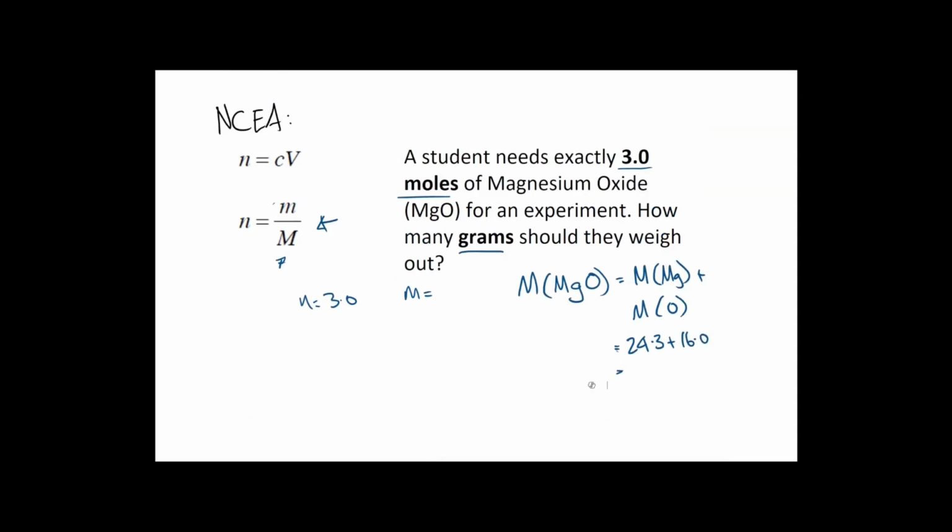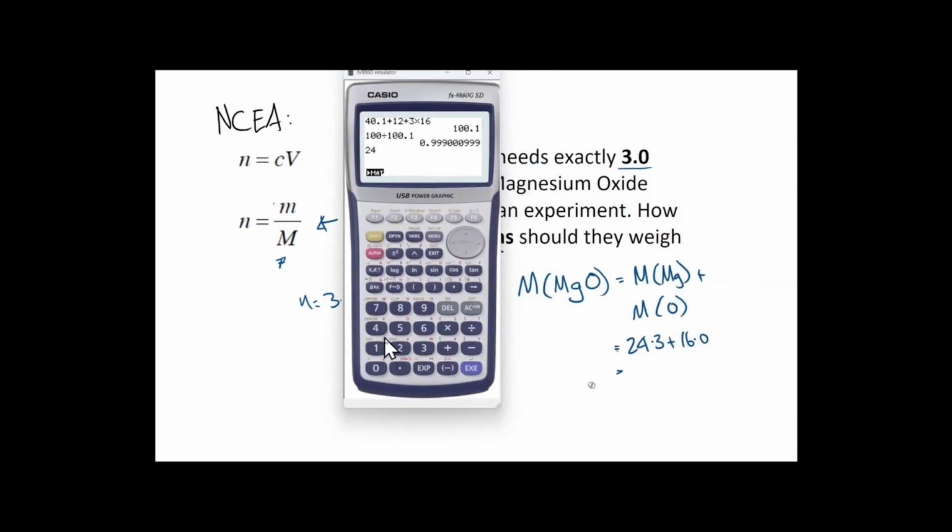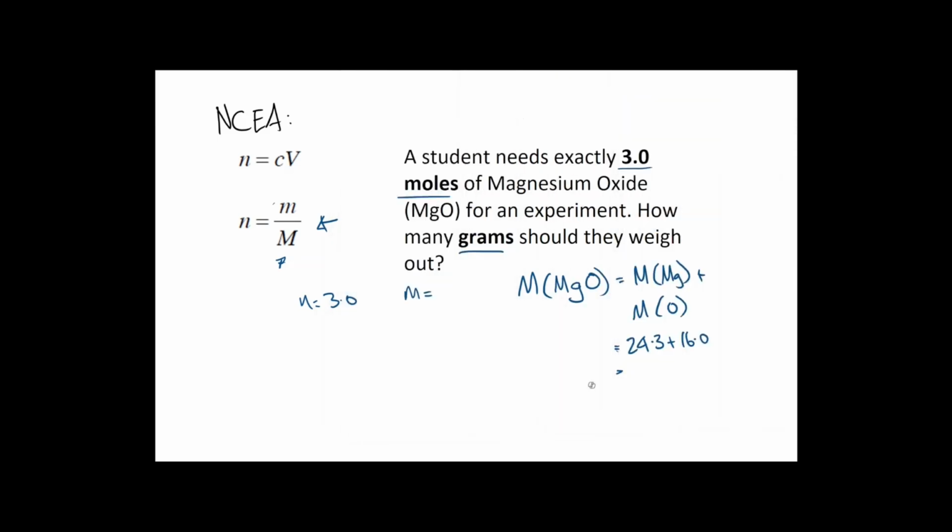And when we add those together, 24.3 plus 16 is 40.3. So there are 40.3 grams per mole of magnesium oxide.